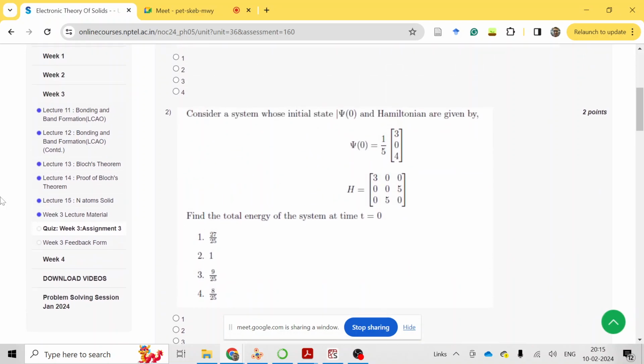But for question number 2, it is a considered system. You are given psi 0 as a row vector, as a vector, and your Hamiltonian matrix is given to you, and you have to find the total energy of the system at t equals 0.